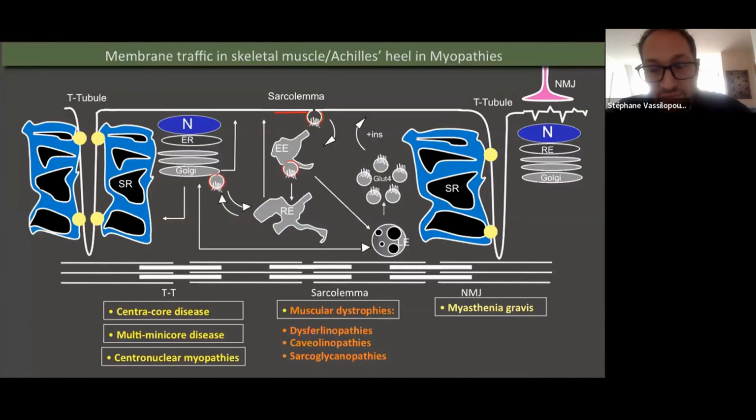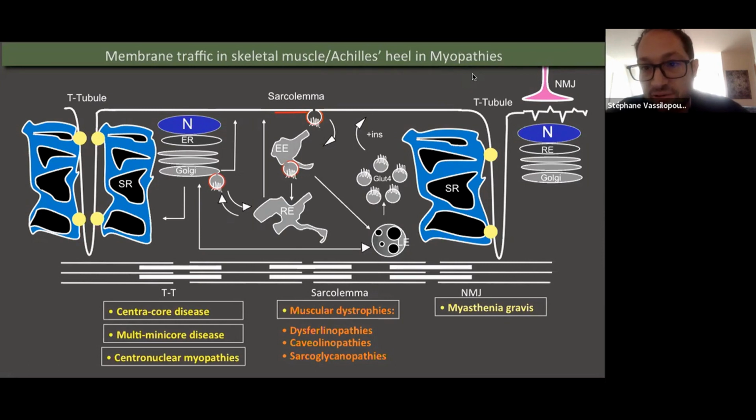But I would first like to say that in the lab I have been interested for several years in all the different aspects of membrane trafficking, and how the membrane trafficking machinery is involved not only in the physiology of the muscle, so how it allows the compartmentalization of specific proteins and the basic formation of the muscle, but also in understanding why so many proteins involved in membrane trafficking are mutated in muscular dystrophies and in congenital myopathies.